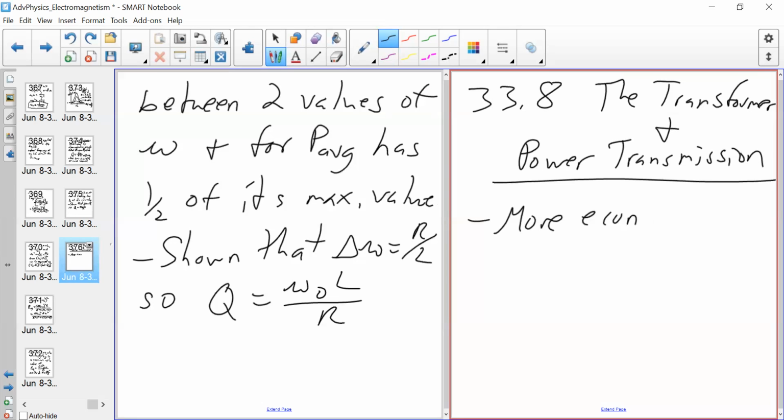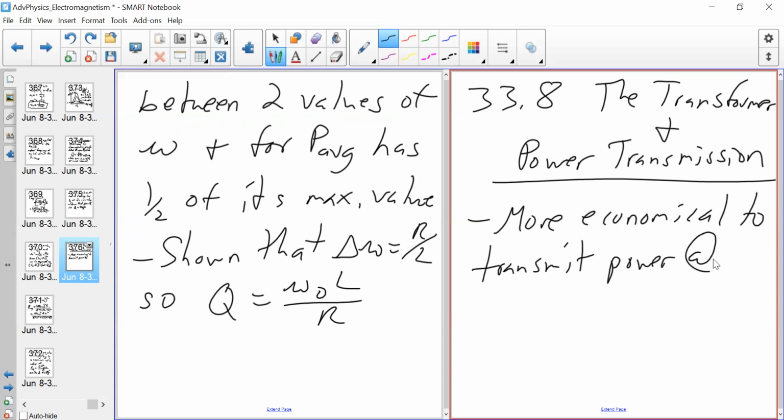So it is more economical to transmit power at high voltages and low current.